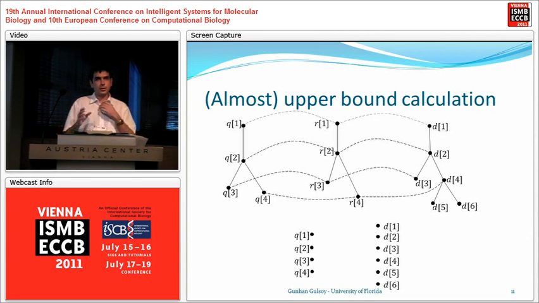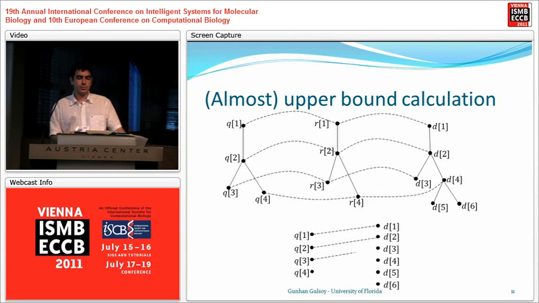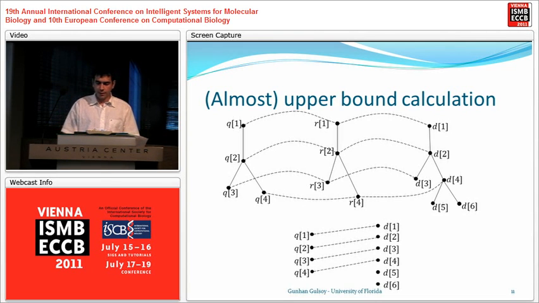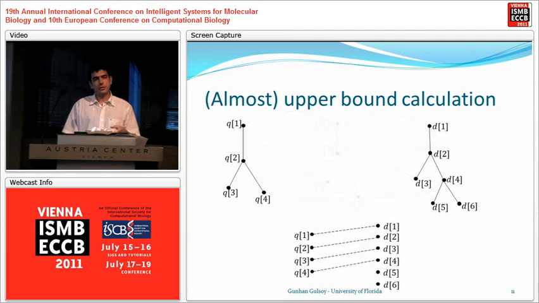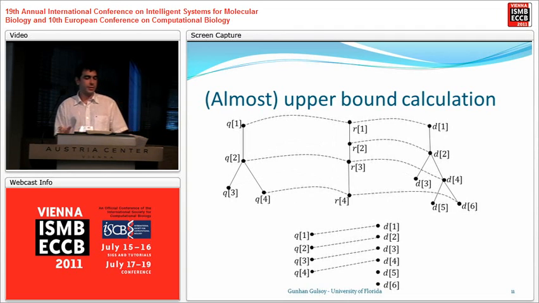Just like we did for the lower bound calculation, we calculate the indirect alignment between Q and D. Then we add all the indirectly matched nodes to our bipartite graph. We will do this for all the references we have, and we will add any indirectly matched nodes we still do not have in our bipartite graph.